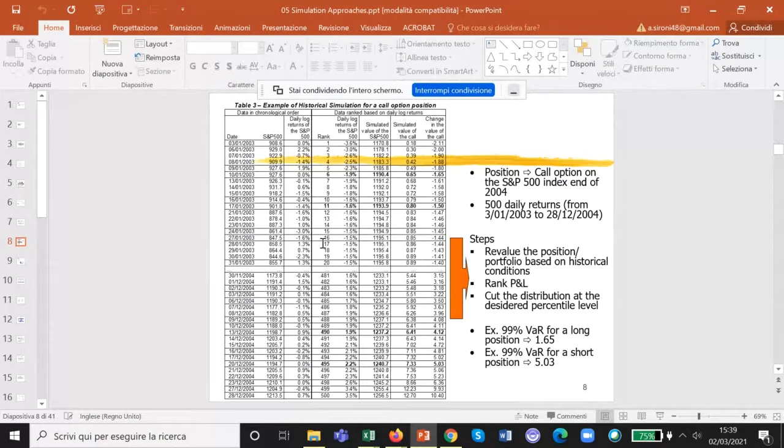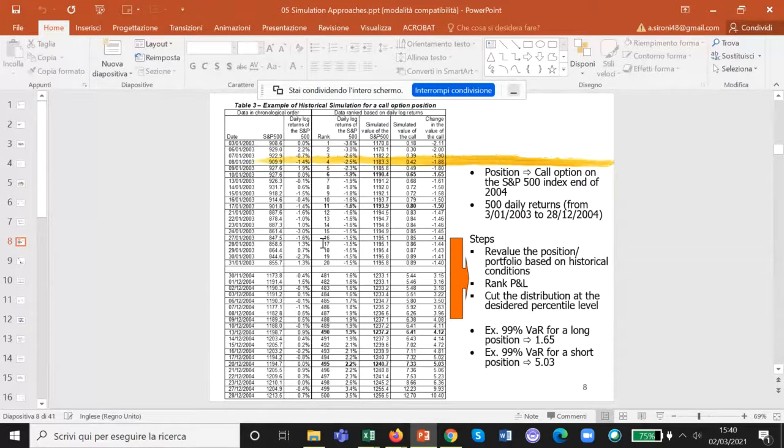Now, these returns in the first part of the table are ordered chronologically, from the first to the last. Assume we are at the end of 2004, okay? In the second part of the table, the same returns are not ordered chronologically, but rather from the worst to the best.